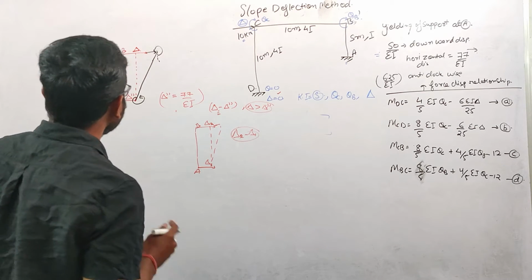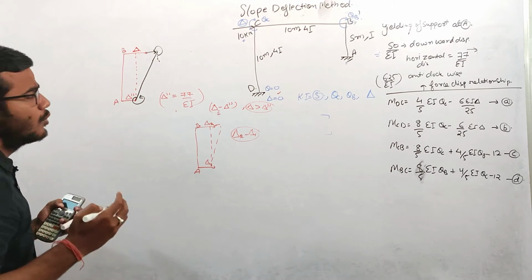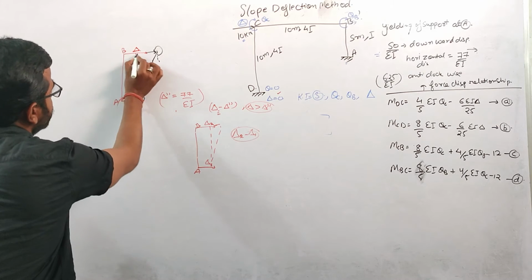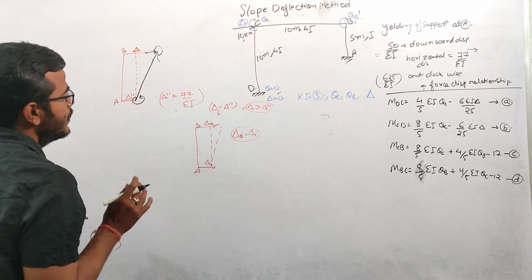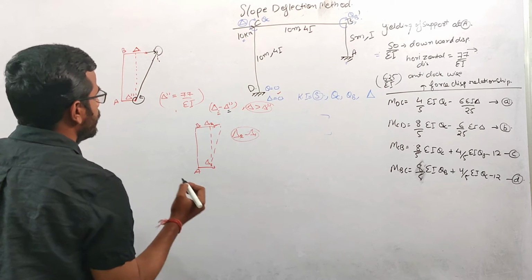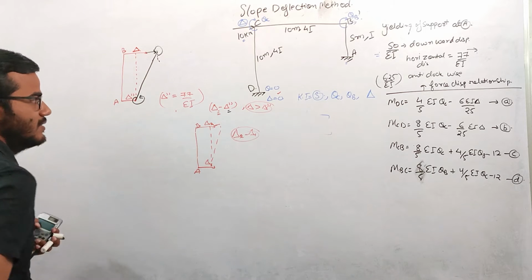Now this is known to us that due to this movement, when A is moving in horizontal direction, B is also moving in horizontal direction. So net sway will be delta minus delta double dash. Delta double dash value is given to us. So the moment will be generated in anti-clockwise direction, right?